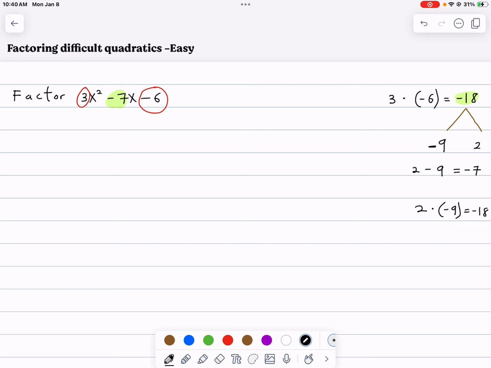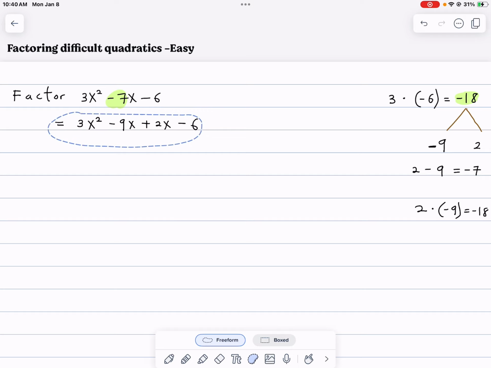So what I can do here is rewrite my expression. I can rewrite this expression as 3x squared minus 9x plus 2x minus 6. Now, you must be able to go back and forth.